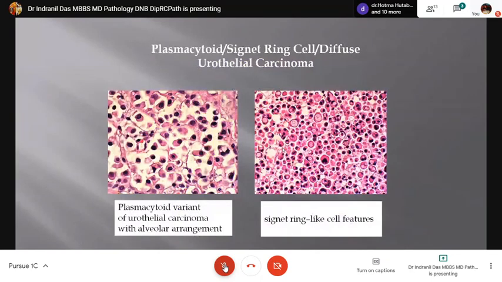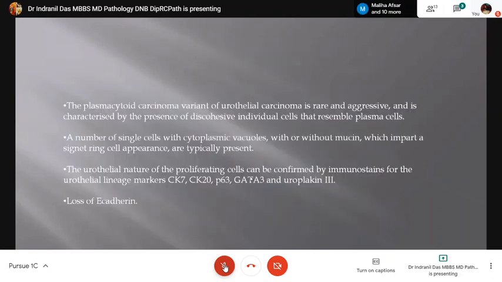Now, plasmacytoid or signet ring type of urothelial carcinoma: they usually present as alveolar arrangement, with signet ring-like cells with eccentrically pushed nuclei and abundant vacuolated cytoplasm. It is an aggressive type of tumor characterized by the presence of discohesive individual cells. As I said, a number of single cells with cytoplasmic vacuoles mimicking signet ring cells may be present.